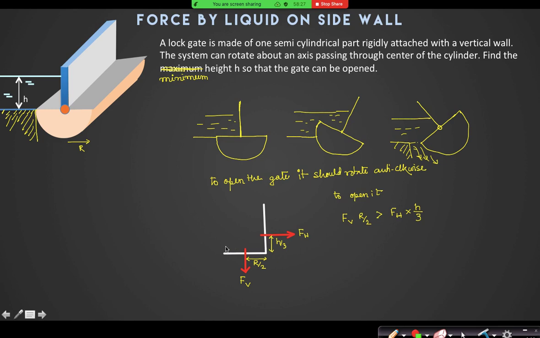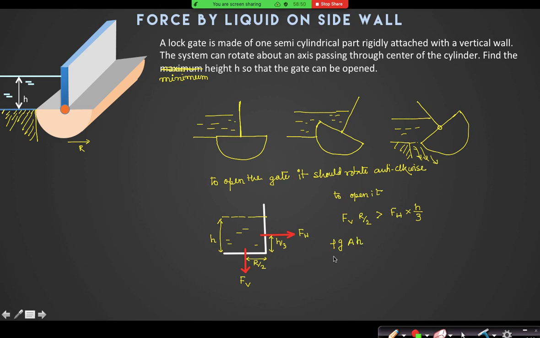Okay, yes. Fv is equal to, suppose the liquid is kept at a height h. So Fv is equal to the weight of the liquid, which is rho g into the entire area multiplied by h. Yes or no?